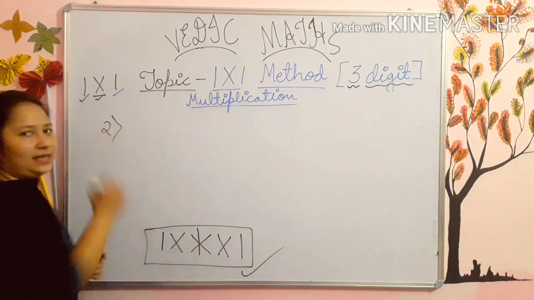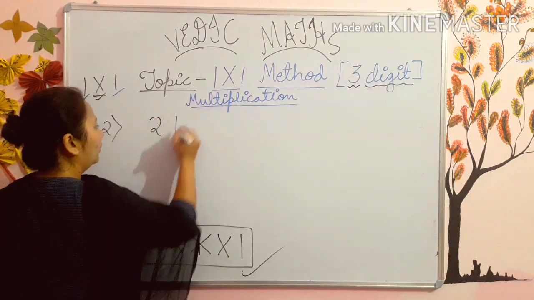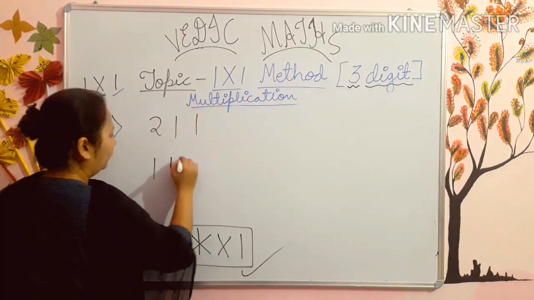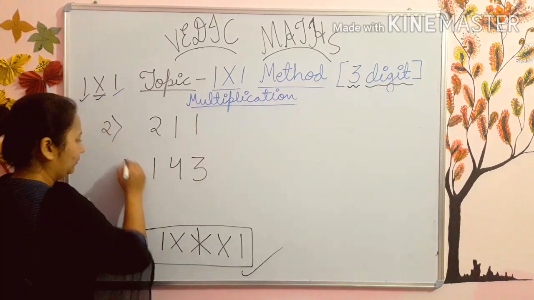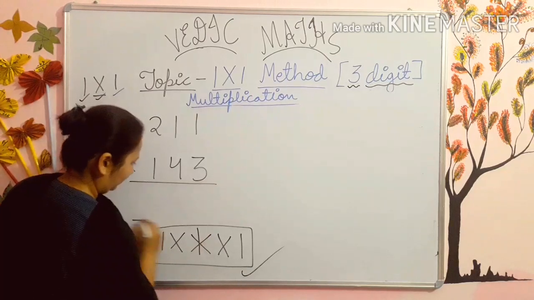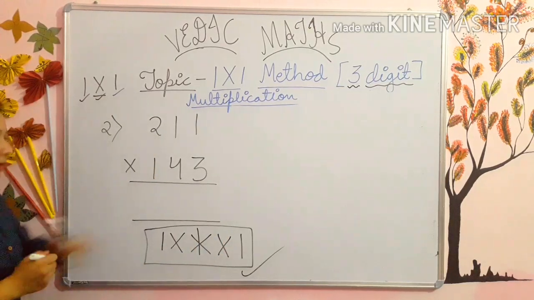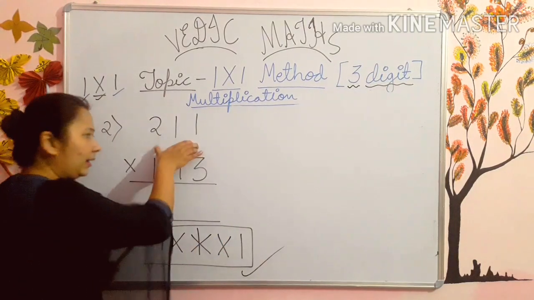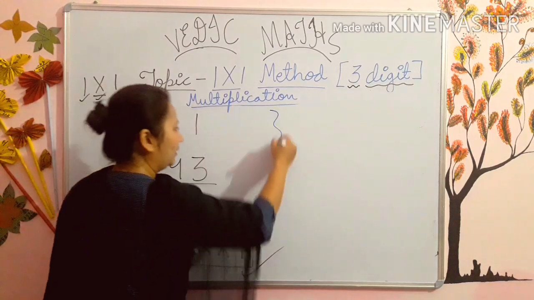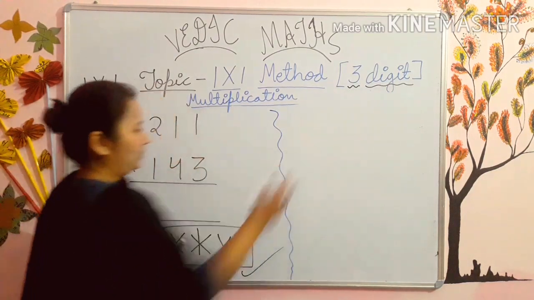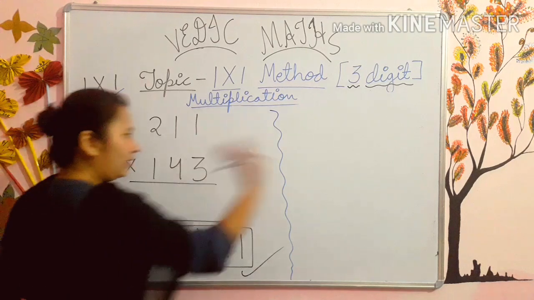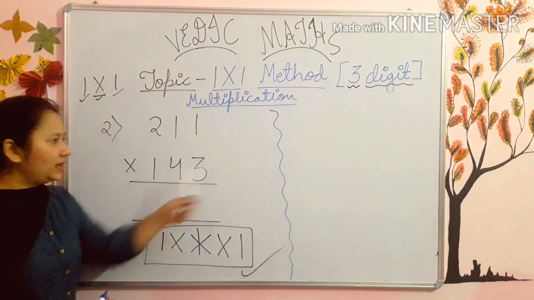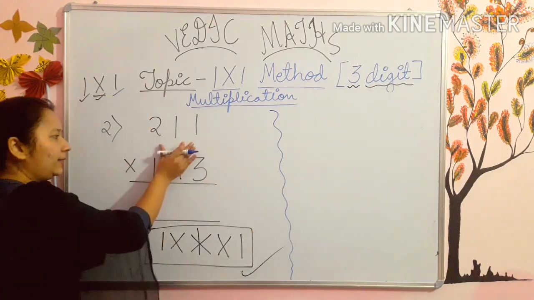Now it's our second question. 2, 1, 1, 1, 4, 3. Now this I will do here only, and all the calculations we will do in this page. Means the right hand side I will do the calculation. We can take it as a rough. Now here we will do.